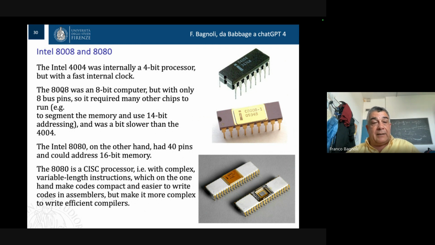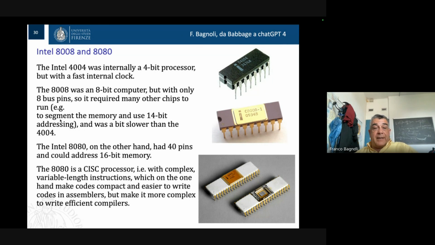But one, the 8008, had a small number of pins, so it could only address a limited amount of memory. And so in order to address more memory, as I said the last time, the idea of segmented memory was developed. Since it has only 8 bits to address memories, you first put a number on the address bus saying which page of memory you are thinking to use.